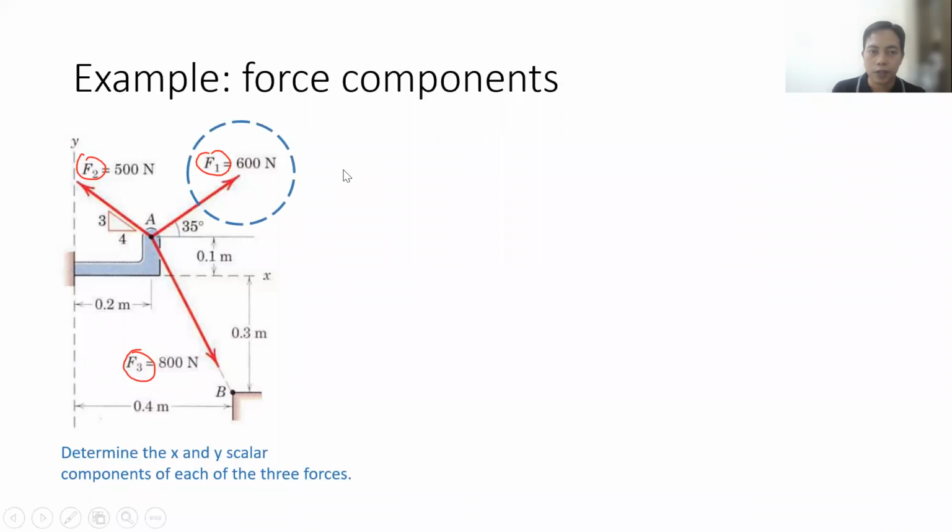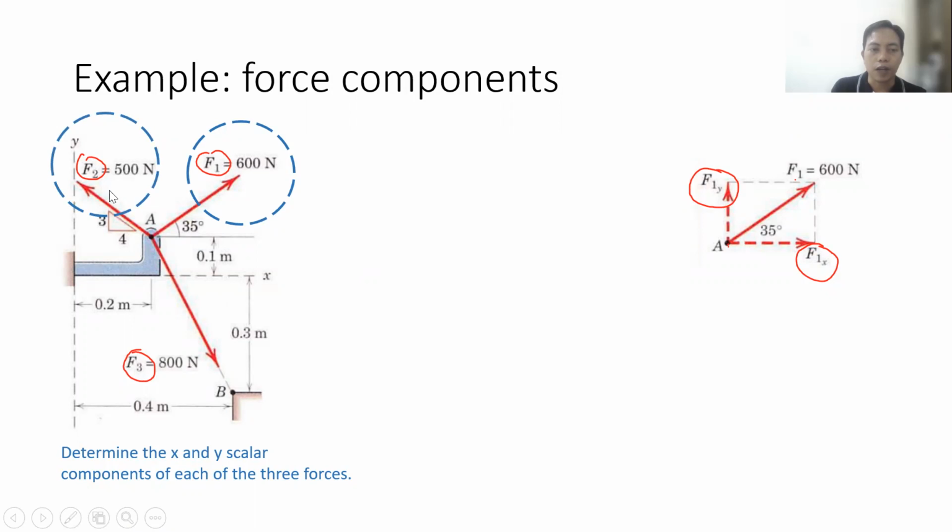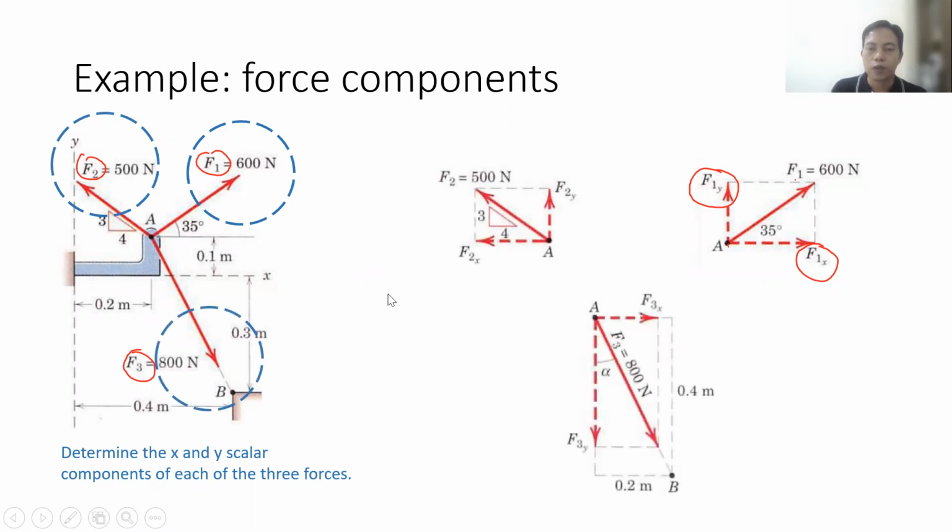Okay, so first is F1. Let's see here that we draw the components F1x and F1y from the point of application of F1, that is point A. This also applies to F2 and F3. We must draw each component from the point of application of the original force.